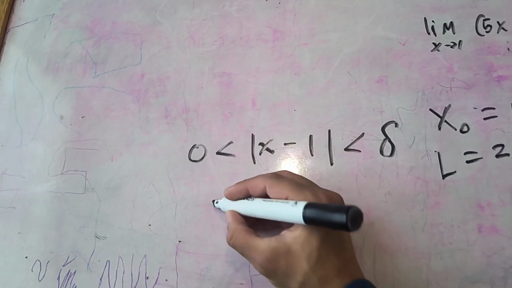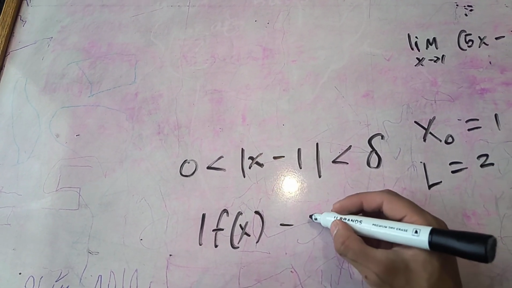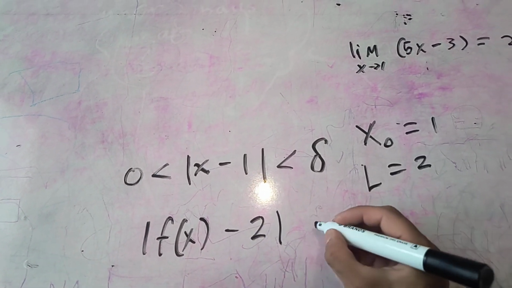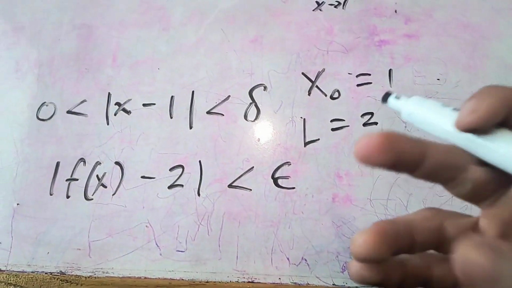That is, the absolute value of f of x minus 2 is less than epsilon.